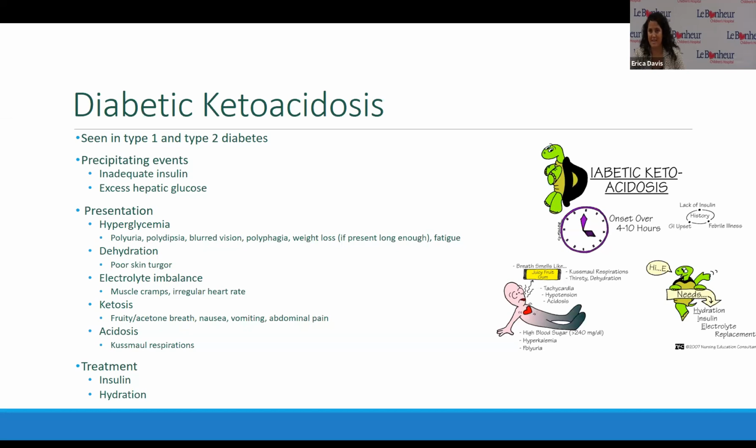But that does not mean that if we see ketones, we're going to just assume that our child is doing something wrong or the family's doing something wrong. We do know that the risk of DKA is greater if we have some kind of illness going on. So if we've got the flu or we've got a stomach virus, our risk is going to really go up. That risk of ketones is going to be elevated even if our blood sugar is in range.